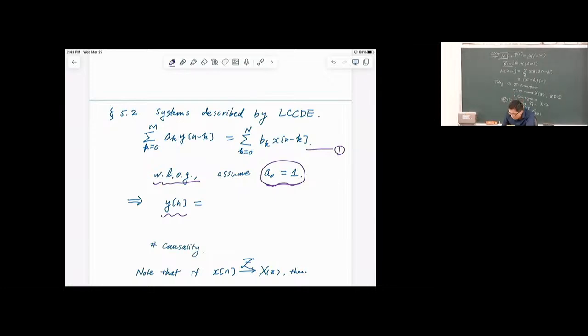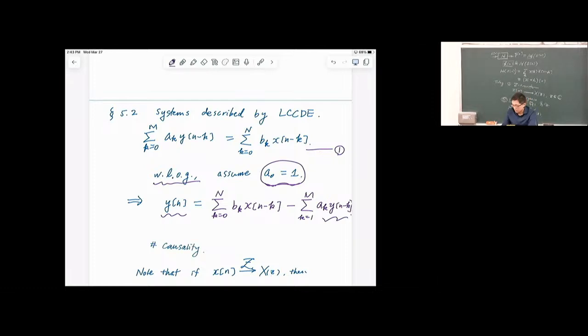So on the right-hand side, of course, we still have the b coefficients, which operate on the input. And now we have a minus sign, with k going from 1 to M, a_k operating on the past output samples.